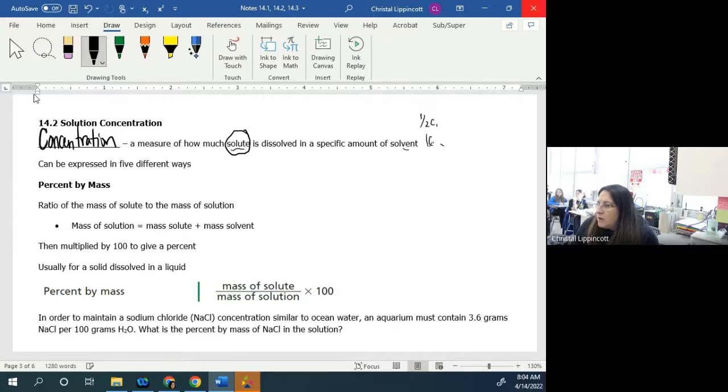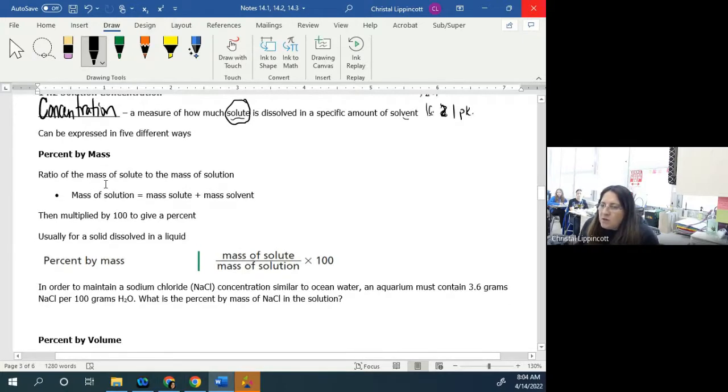You could add 2 packets of the Kool-Aid mix instead of 1, and that would change your solute. You could also change your solvent. You could add the regular amounts of stuff, 1 package, and add twice as much water, or half as much water, and that would change the concentration. And we could express that in different ways.